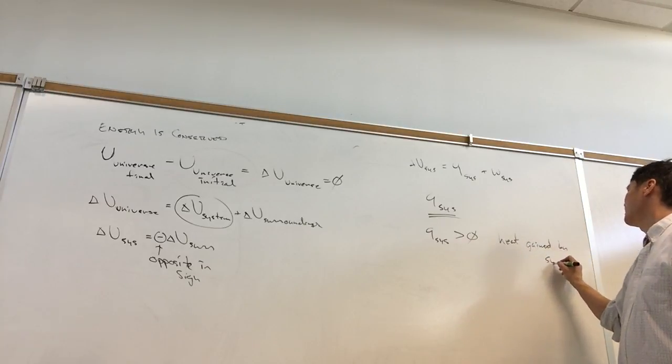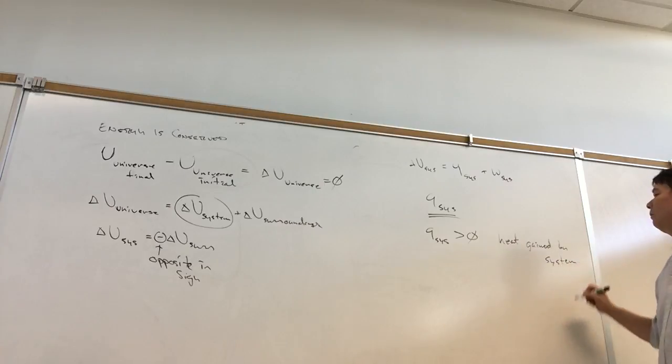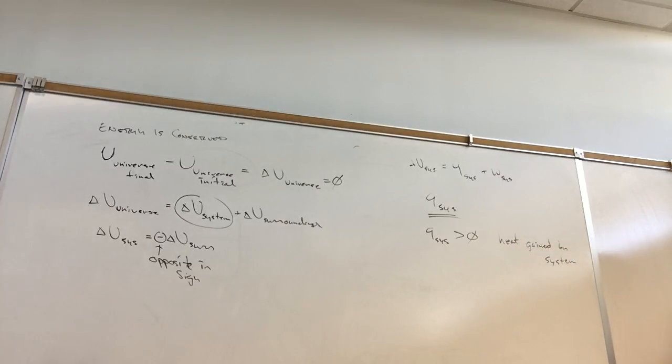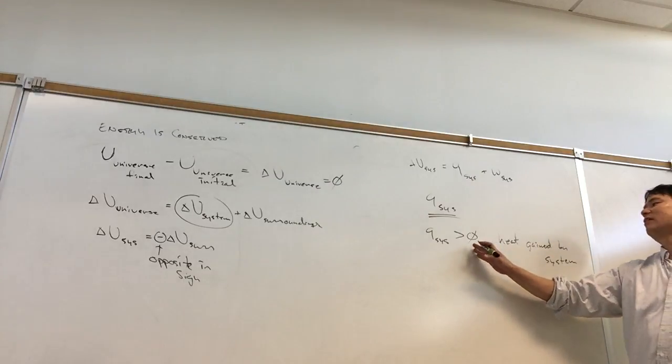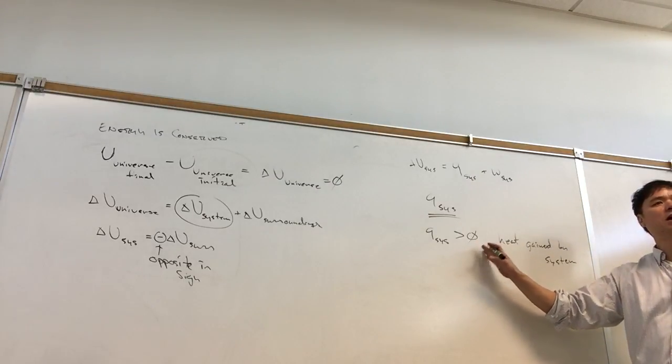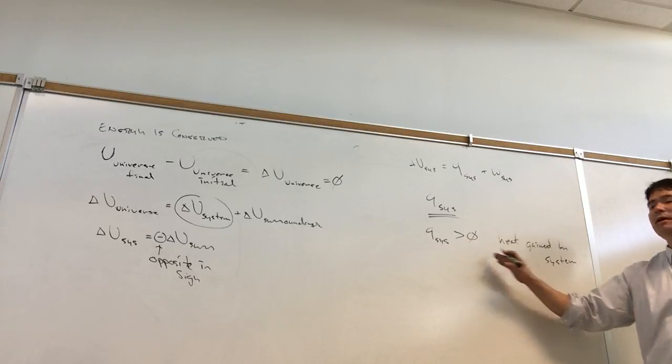by the system. Or if heat was gained by the system, somebody must have lost. Who lost? The surroundings must have lost. And so if Q of the system is greater than 0, that's heat gained. So this is, let's say, plus 500 joules, then somebody must have lost 500 joules, and that must be the surroundings.